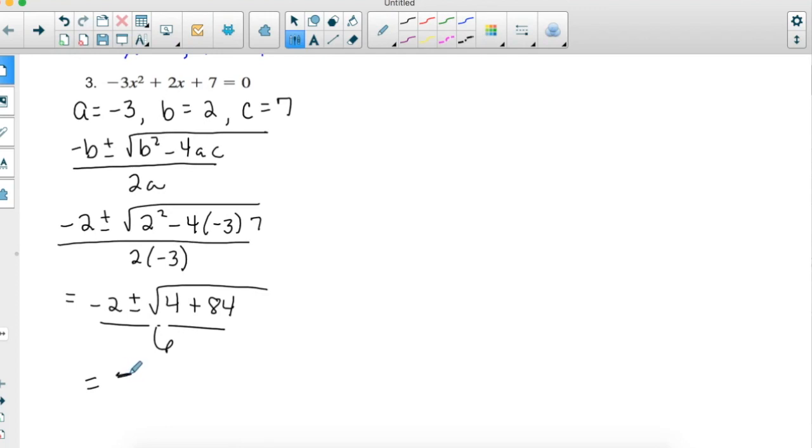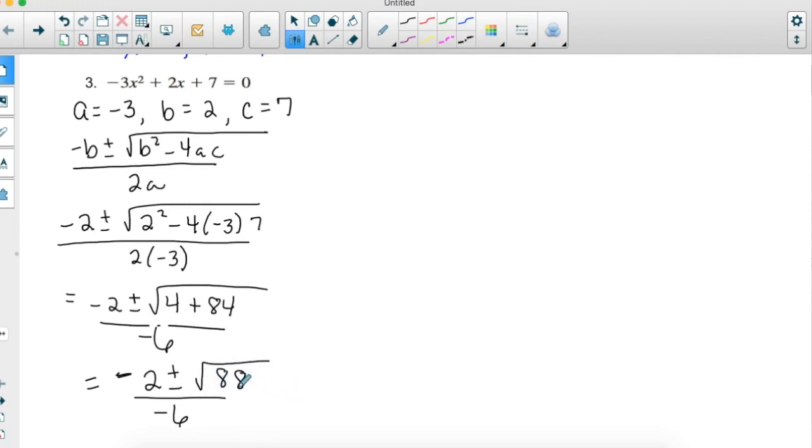So we have negative 2 plus or minus the square root of, when you have 4 plus 84, you end up with the square root of 88, over negative 6. Okay, so we can do several things here.